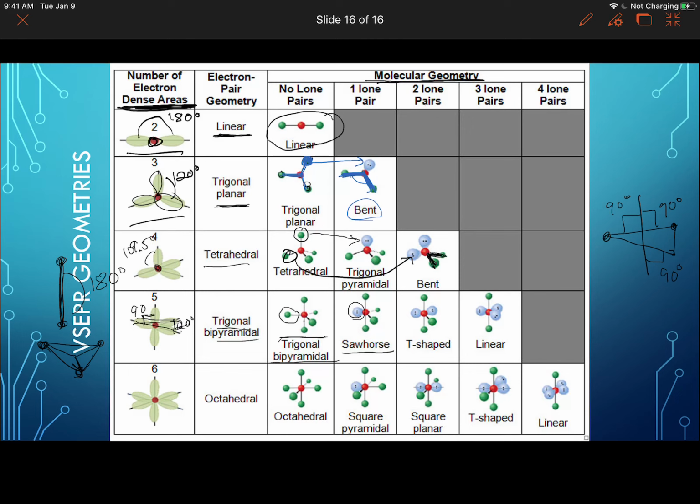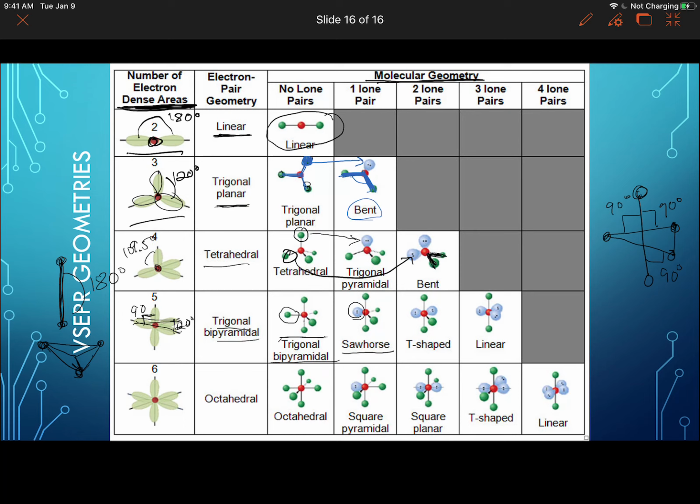If we put electron pairs on our axial positions, then we're going to have a lot more repulsion than if we put them onto our equatorial positions, where our equatorial positions are only going to be 90 degrees away from two positions. So our equatorial positions are going to have a lower amount of repulsion versus our axial positions.